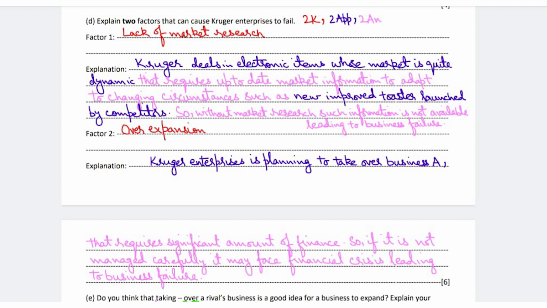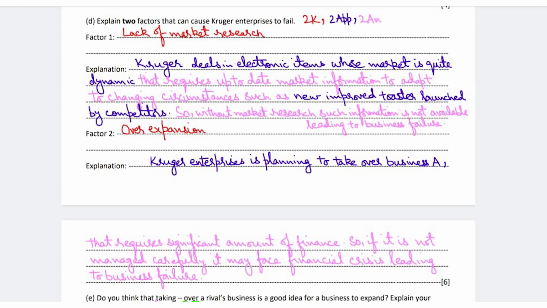Competition might be quite intense, because every now and then new technology may come in, and you have to use that technology as well, otherwise you will fall behind your competitors. Similarly, consumers' demand may change as well when it comes to electronic items. That is why I wrote market is quite dynamic. It's not written in the information but it is relevant to businesses that deal in electronic items. That is why it is also part of application.